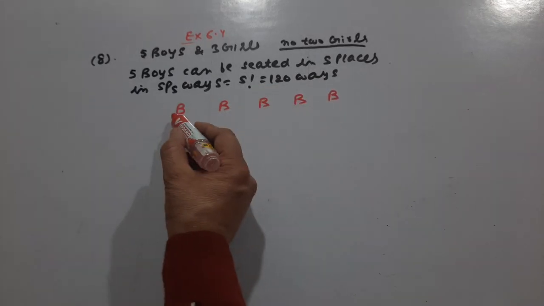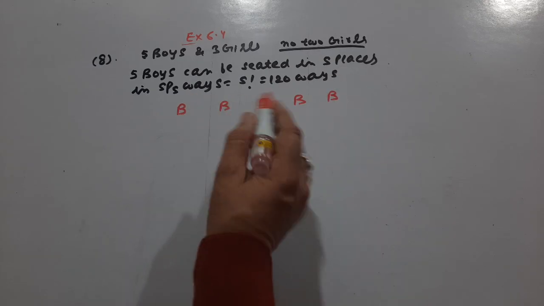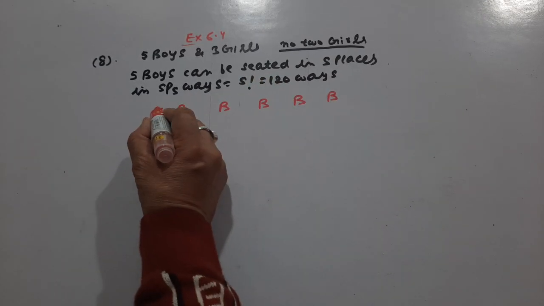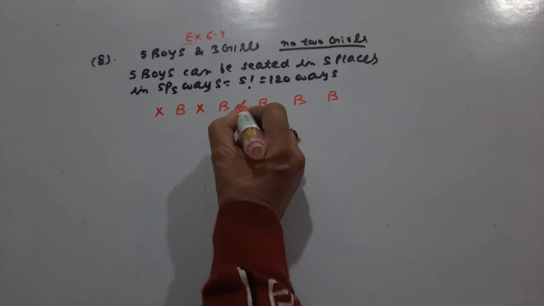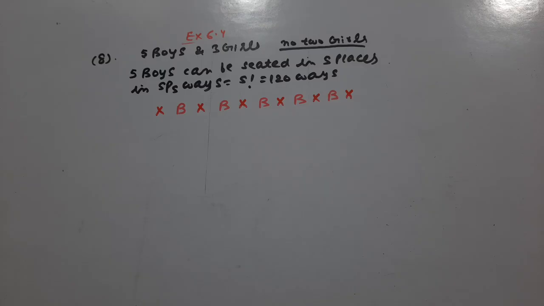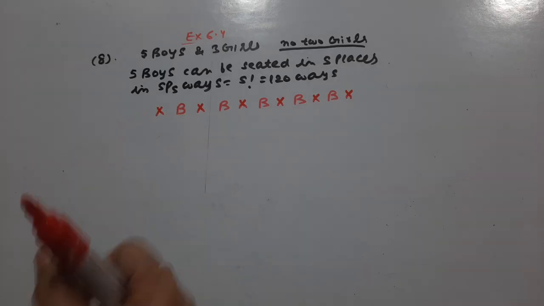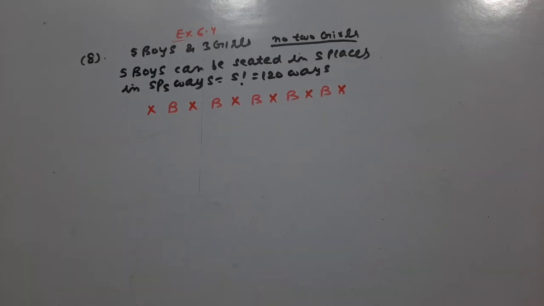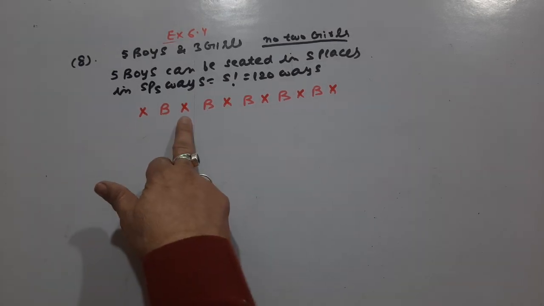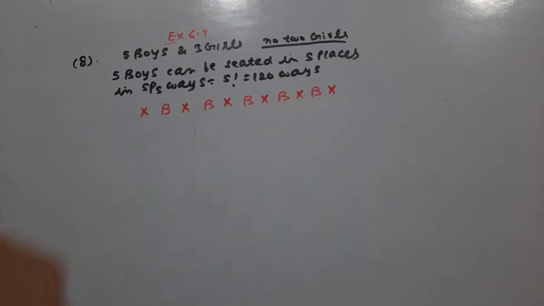When the boys have been seated, now the girls can be seated at the cross places. Now how many places do we have? You can see we have 1, 2, 3, 4, 5, 6.